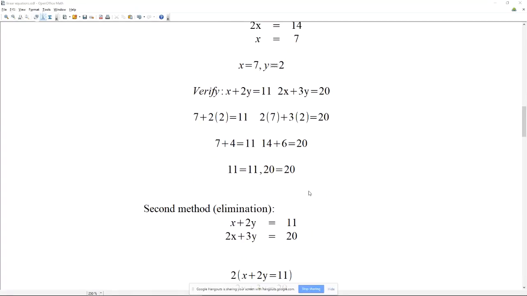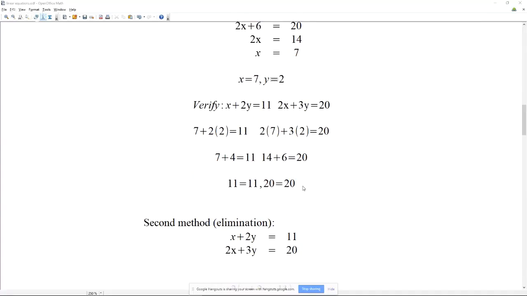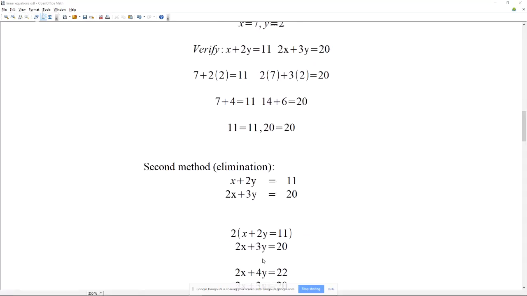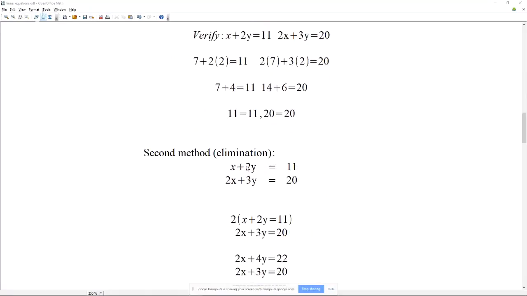On this particular one, we'll call the top one the first, and the second one the second. It's a really good habit to label them first, second, and third, or row 1, row 2, row 3, because with a matrix, that's what you're working with.